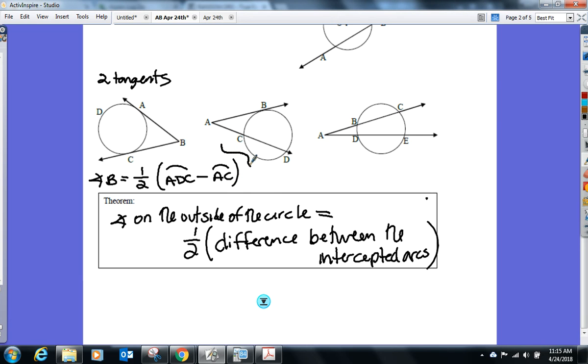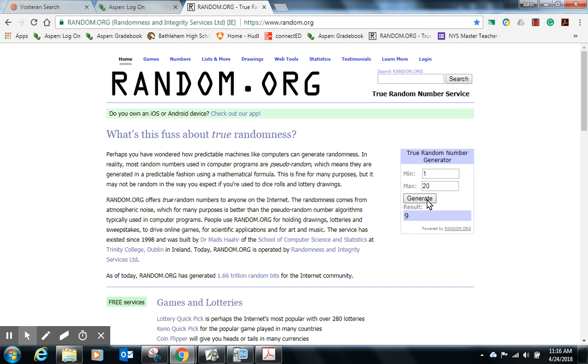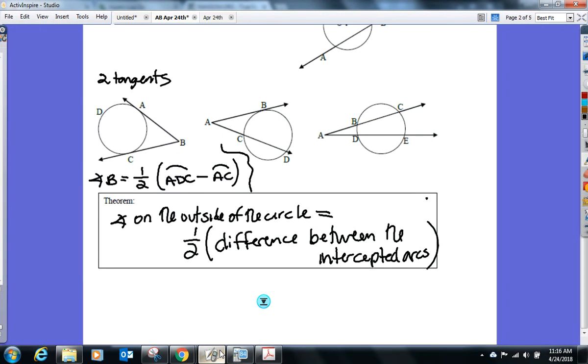Next one. How's angle A formed here? By a what and a what? A tangent and a secant. Okay, how do I find angle A? It's on the outside, so it's going to be half of two arcs subtracted. What two arcs would I be subtracting here?